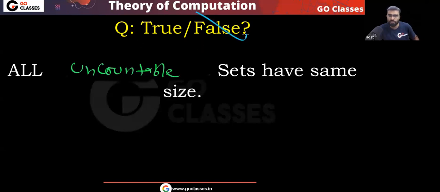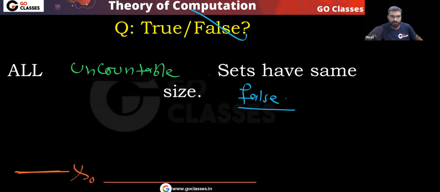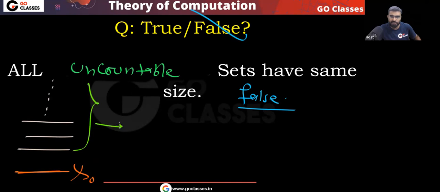This statement is false, and that is the reason there are infinite levels. See, this is the lowest level. Here you have ℵ0, but after that you have infinite levels of uncountable sets.